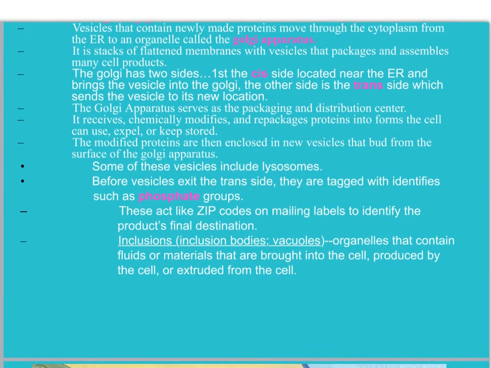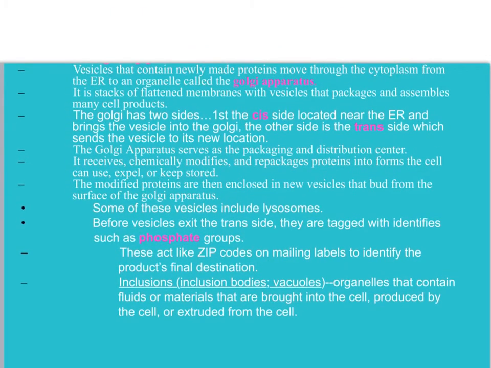Okay, so now we have our Golgi. So you might see it called Golgi bodies, Golgi apparatus, Golgi system, Golgi complex. It's still the Golgi.